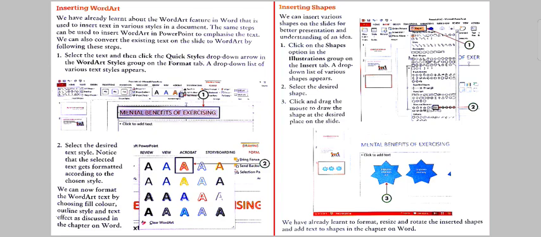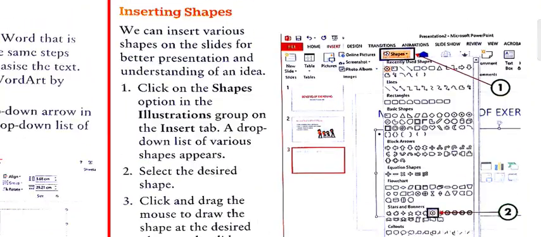Next is inserting shapes. We can insert various shapes on the slide for better presentation and understanding of an idea. You have to follow some steps to insert shapes in a PowerPoint presentation.